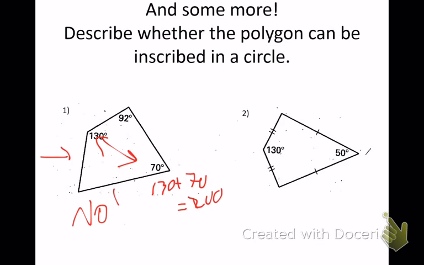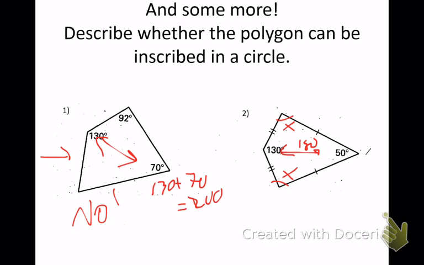Now, are we going to be able to inscribe this kite? And this is a kite. Okay, well, you add these two opposite angles up, and they do add to 180. That's no problem. But we don't know the other two angles. But we can find them. Because in a kite, these angles that are in between the non-congruent sides are the same. They're congruent. So let them both be x.